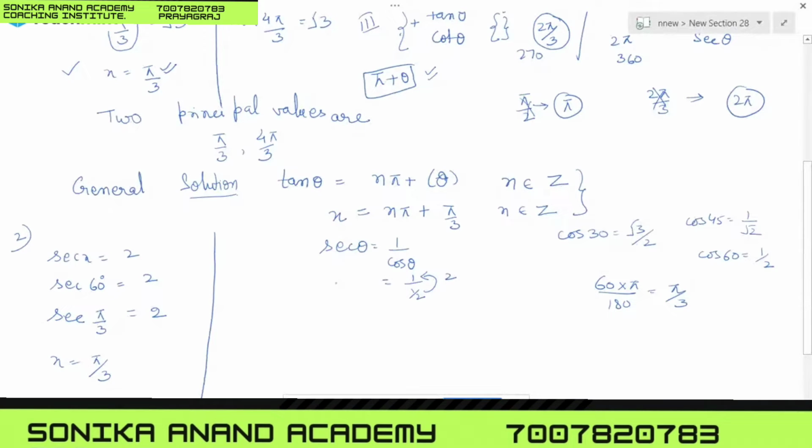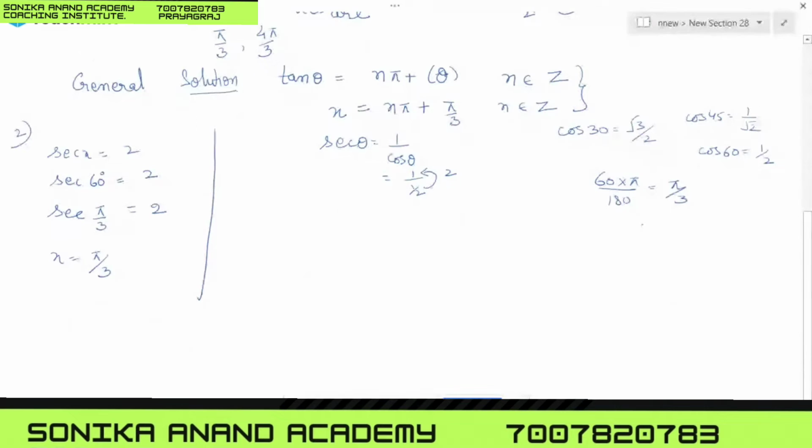Now, how will we find the second value? We always find the second value using the quadrant. Now, cos and sec are positive in the fourth quadrant.